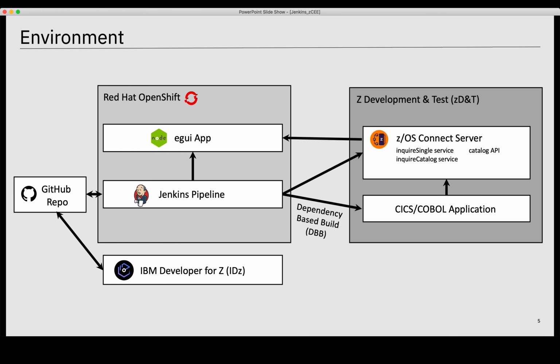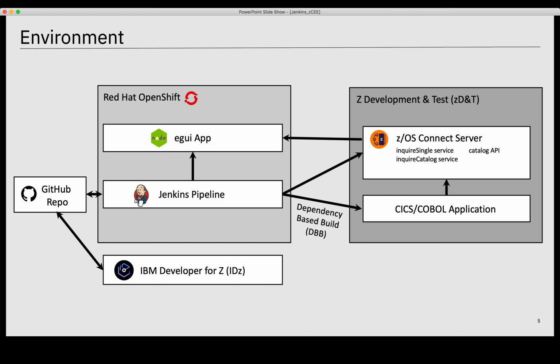So how it works with Jenkins is that within Jenkins, I defined an agent that is configured to run in USS on my ZD&T system. And that agent uses a Rocket Git port on z/OS to pull down my GitHub repo, then run those DBB and Groovy scripts in there. And again, I'll explain in more detail how that all works once I get to that step in the pipeline.